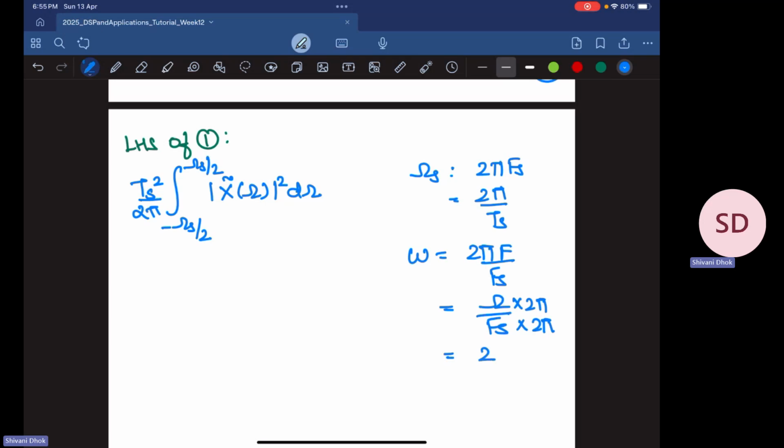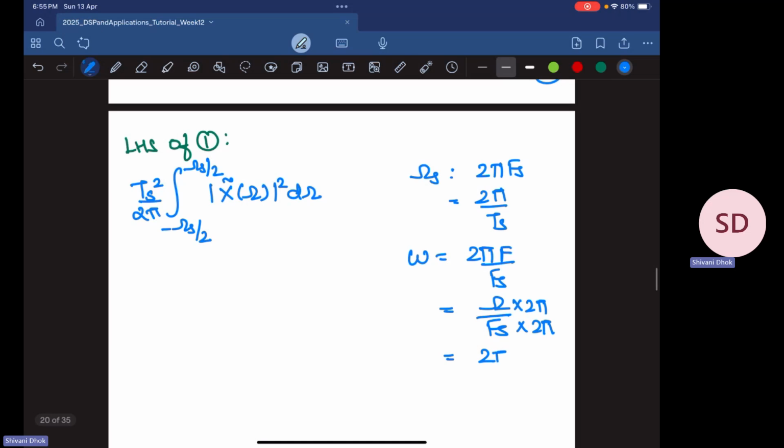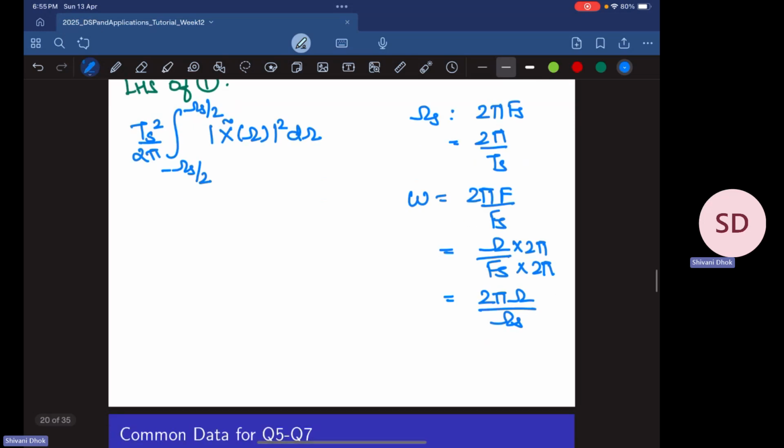So this little omega is 2 pi capital omega by omega s. Now we will replace capital omega with little omega into capital omega s over 2 pi. If we do that, what do we get?